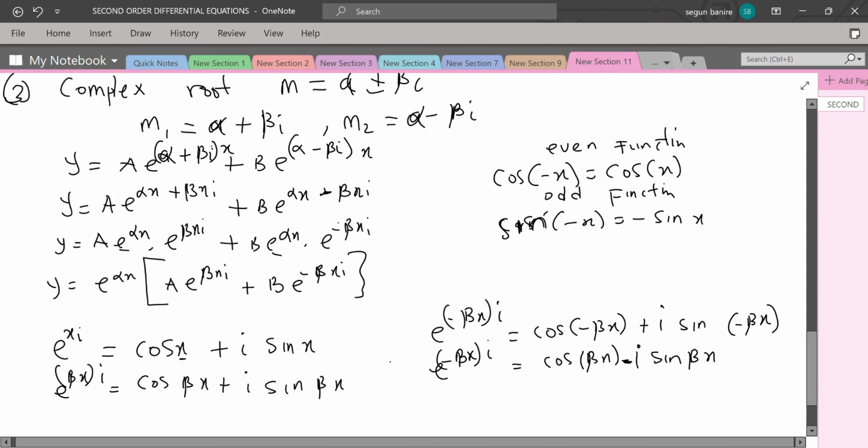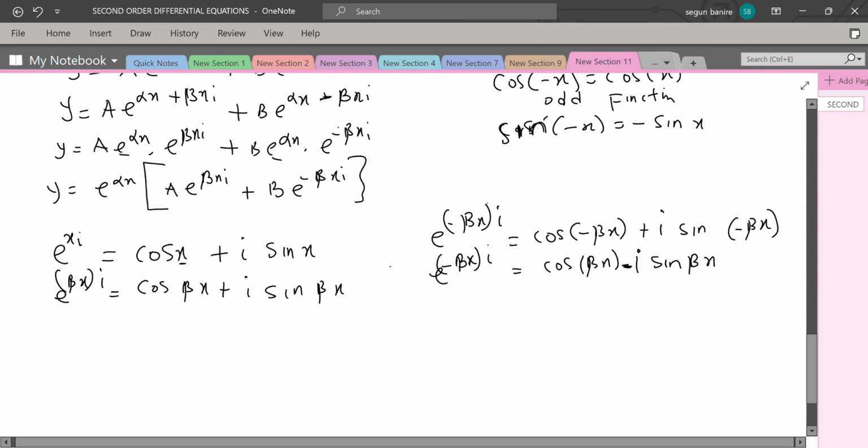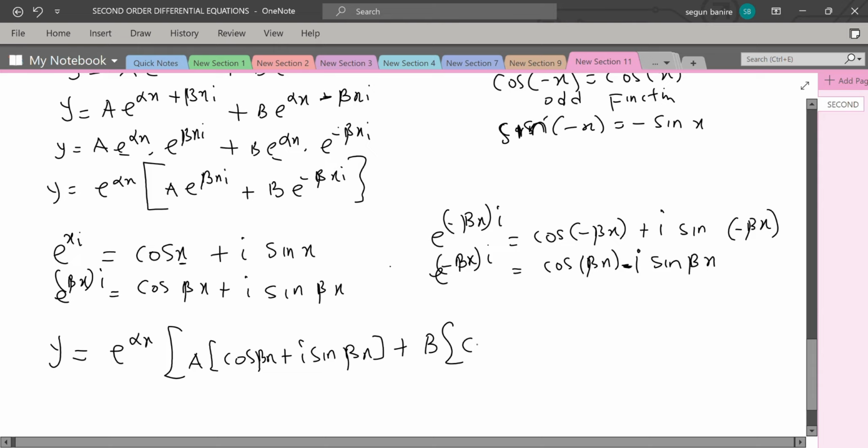So if we substitute that into our y, now we have y = e^(αx) times A(cos βx + i sin βx) plus B(cos βx − i sin βx).